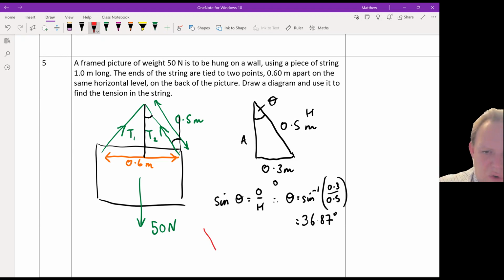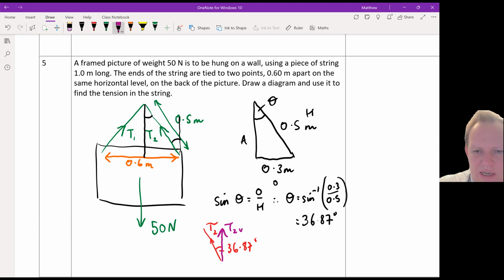So T2 is a vector acting in this direction with an angle of 36.87 degrees over here. I want to find the vertical component of it. I'm going to draw that over the top here. This is T2 vertical.